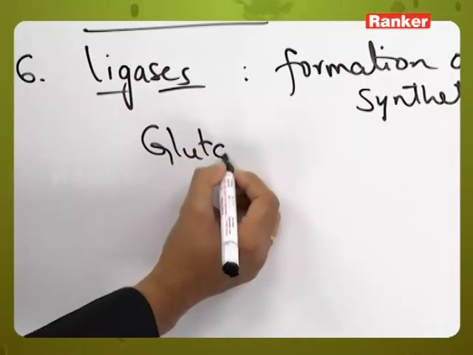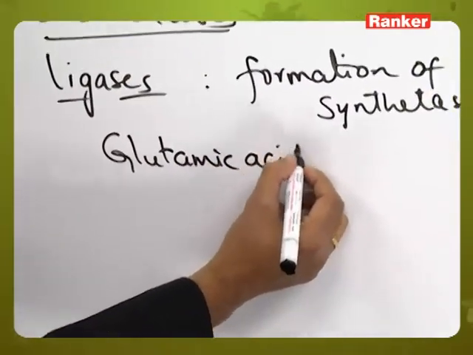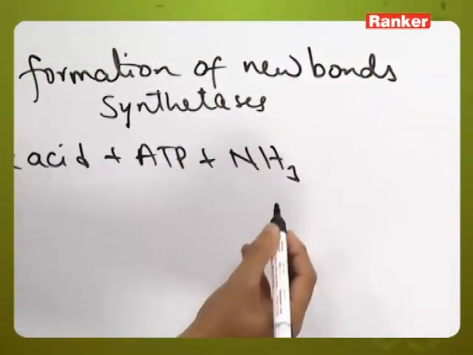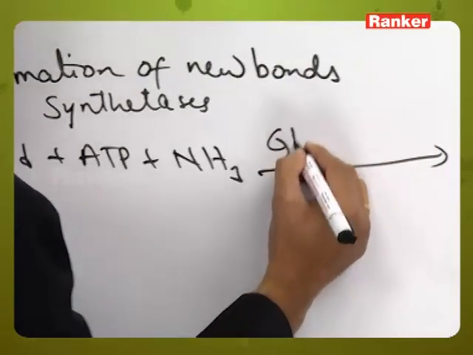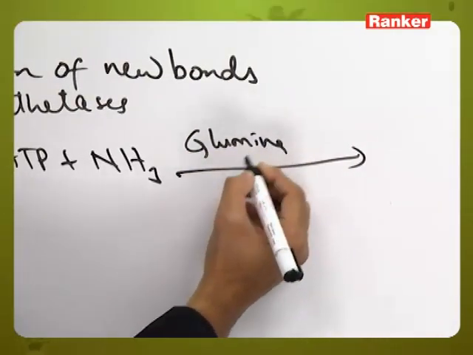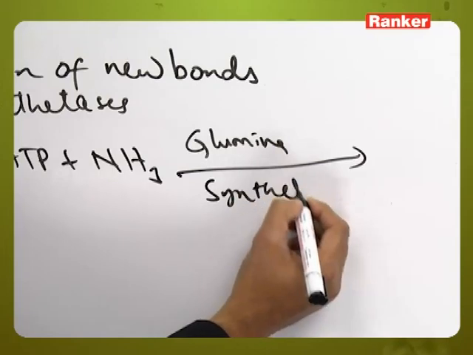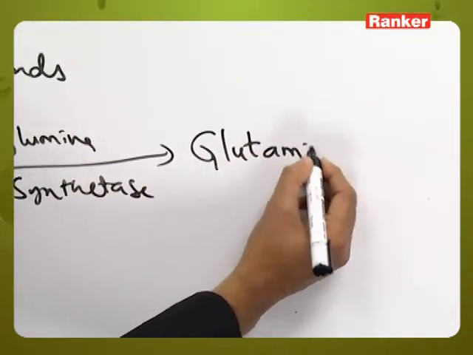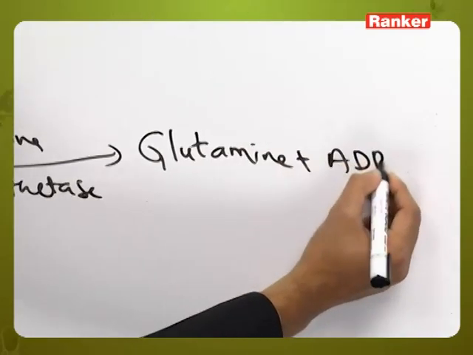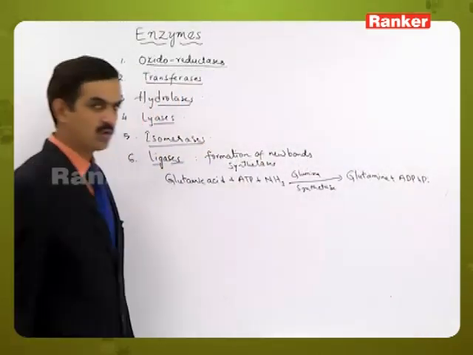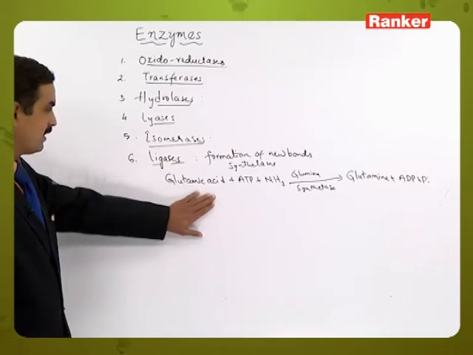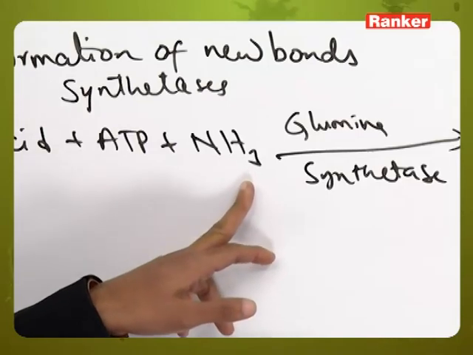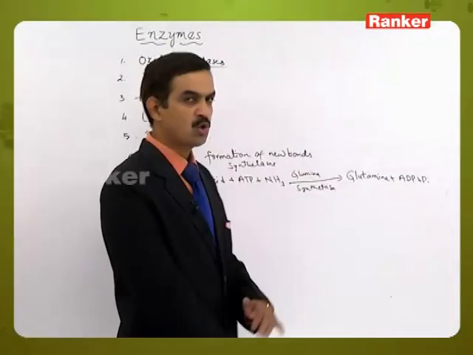Glutamic acid, when reacted with ATP and ammonia in presence of glutamine synthetase, is converted into glutamine and ADP plus inorganic phosphate. Likewise here, the glutamic acid is combined with the ammonia molecule, that is, new bonds have been formed to form the glutamine molecule.